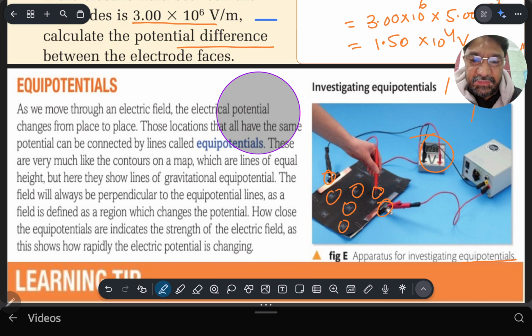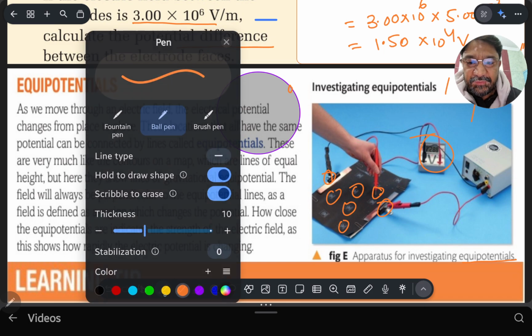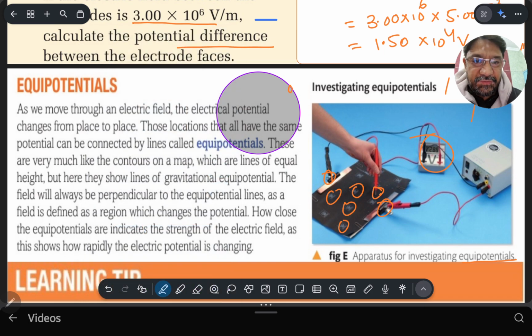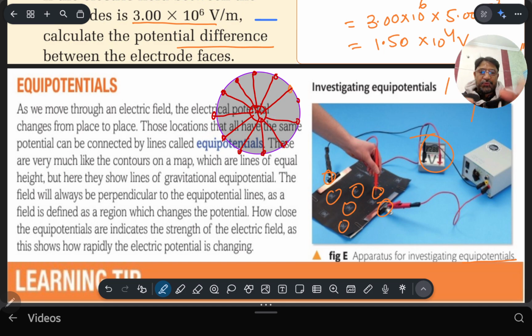If a charged particle is moving in different areas around this positive charge, and I join all these points, this line is called an equipotential. The potential for all these points is the same compared to that of the central charge. That is why this purple line is called your equipotential.